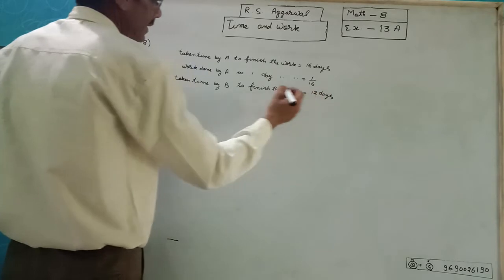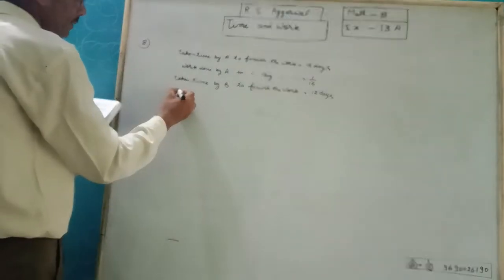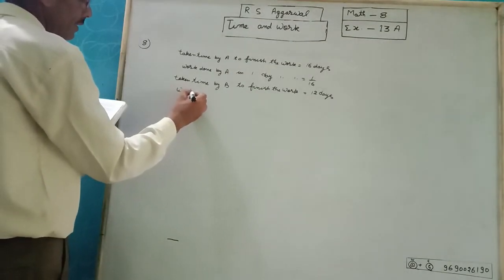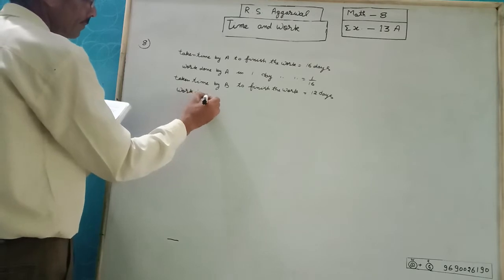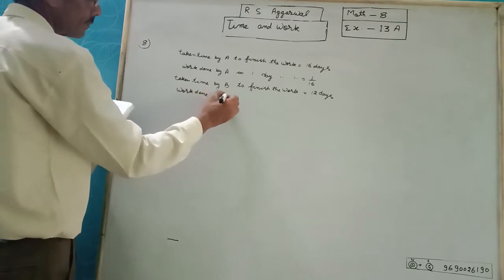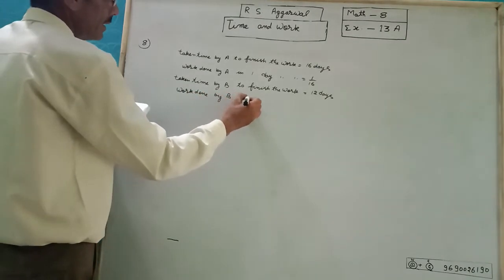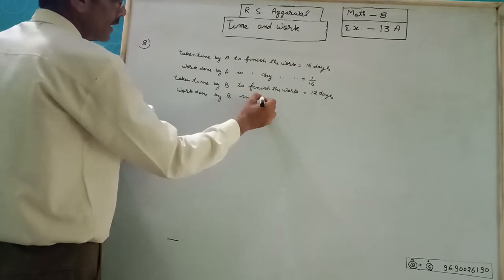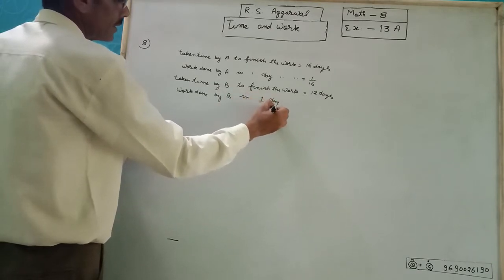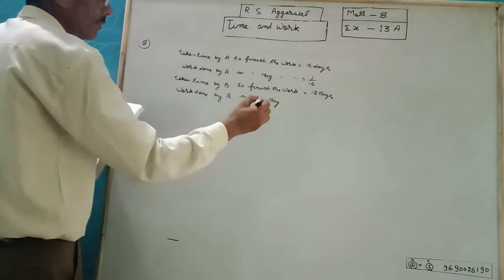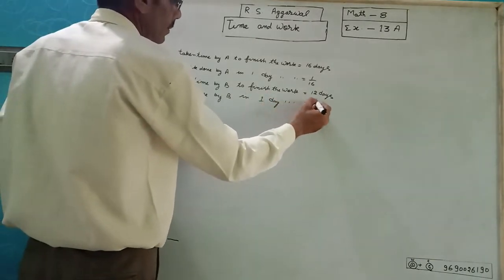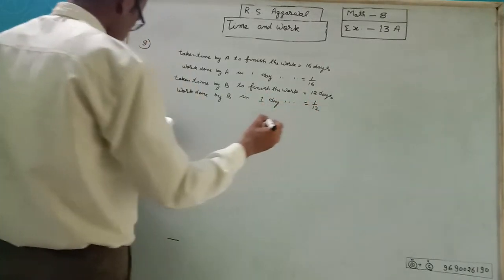We find the work done by B in 1 day. One day work is equal to 1/12.